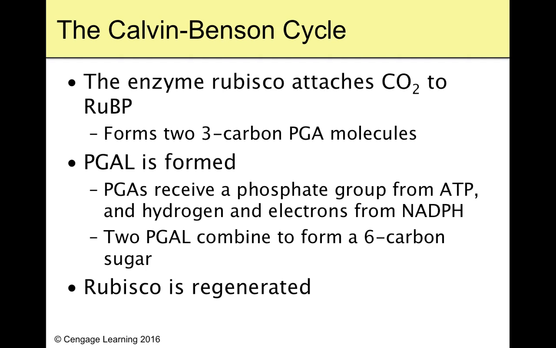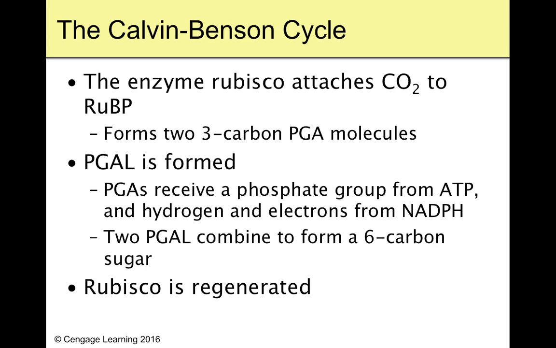And so once we attach these hydrogens, we turn PGA into what's called phosphoglyceraldehyde, so PGAL, and those are 3 carbons long, and we can combine 2 of these to form a 6-carbon sugar, and that 6-carbon sugar, you guessed it, is going to be glucose.